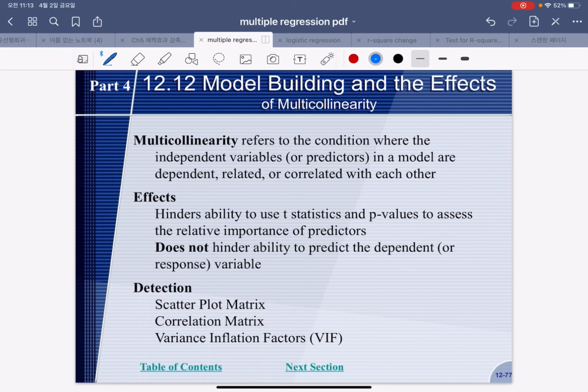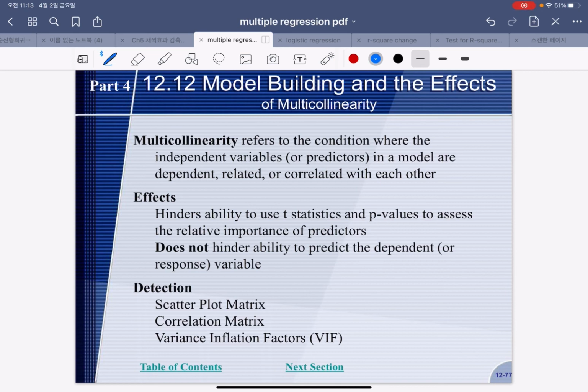Now let's talk about the multicollinearity problem. When you do multiple regression, you always need to check whether your model has this problem. This problem occurs when two independent variables are correlated with each other. So why is it a problem?